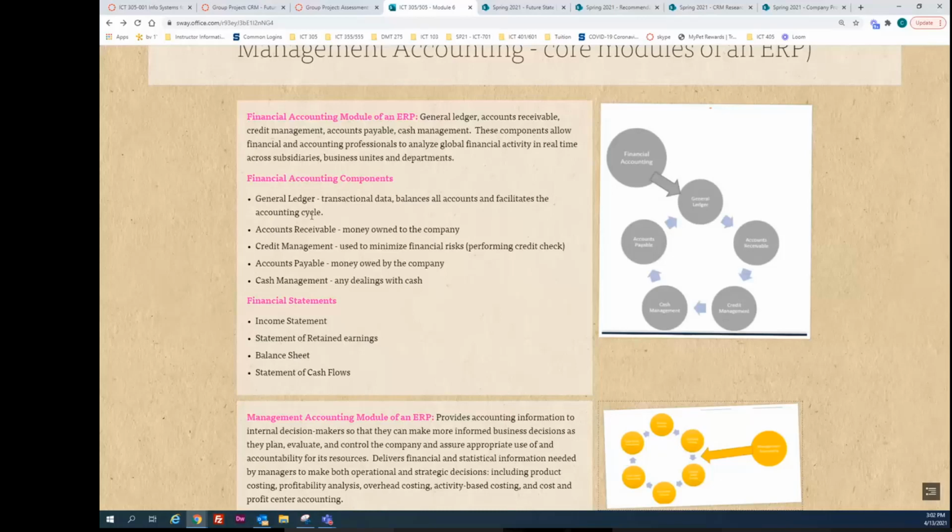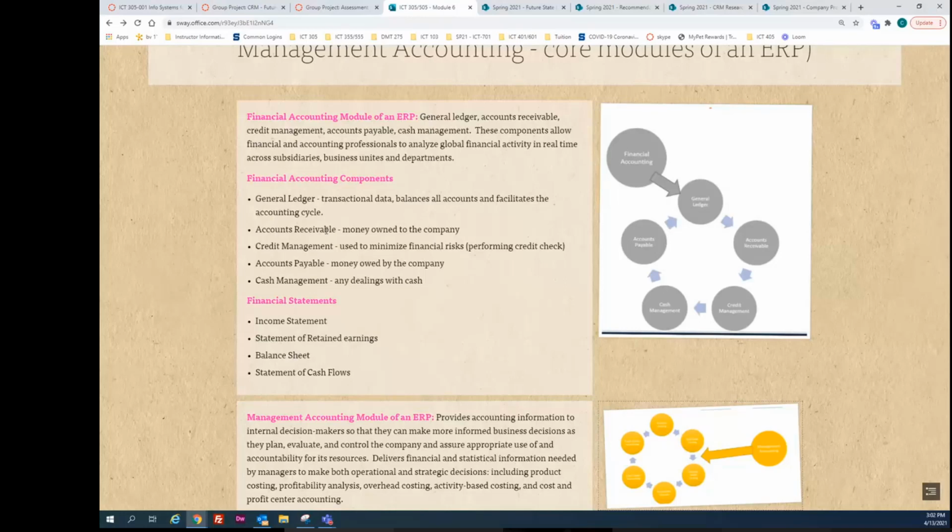It includes also accounts receivable, which is money owed to the company, and accounts payable, which is money owed by the company. Accounts receivable would be things like customers who haven't paid us yet. That's money coming in. Accounts payable would be money going out of our company because we owe suppliers. We're getting parts and labor from other companies, and we owe that money out.